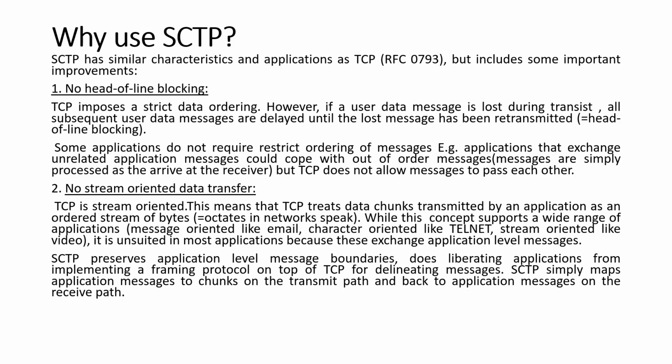SCTP preserves application-level message boundaries, thus liberating applications from implementing a framing protocol on top of TCP for delineating messages. SCTP simply maps application messages to chunks on the transmit path and back to application messages on the receive path.